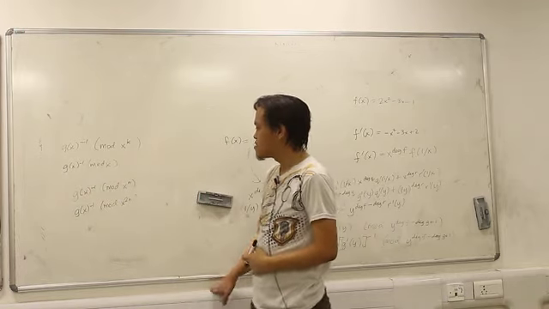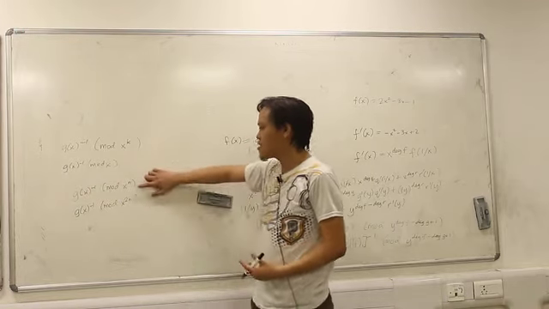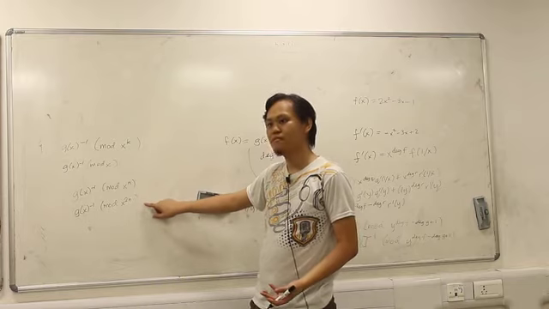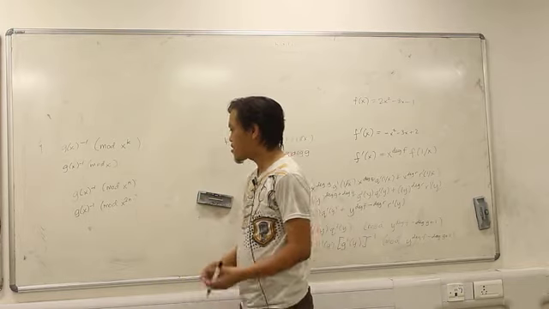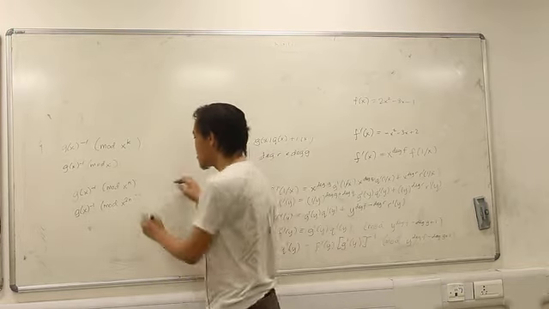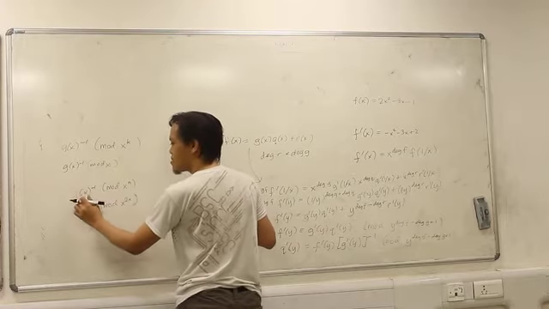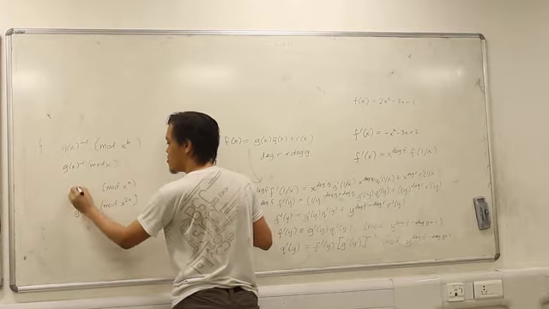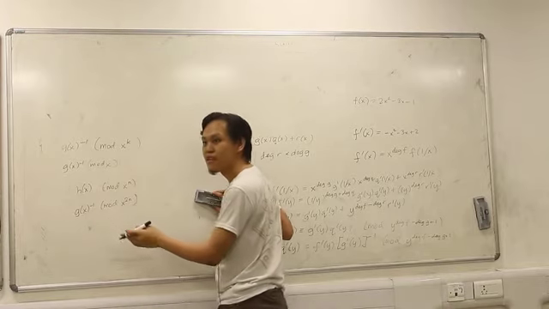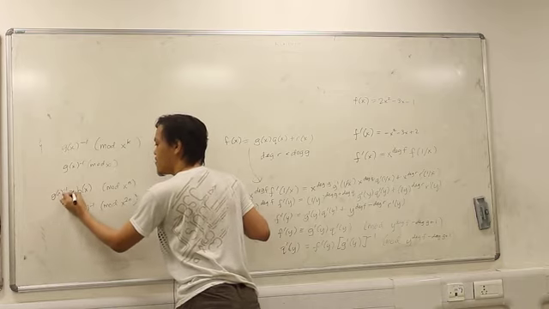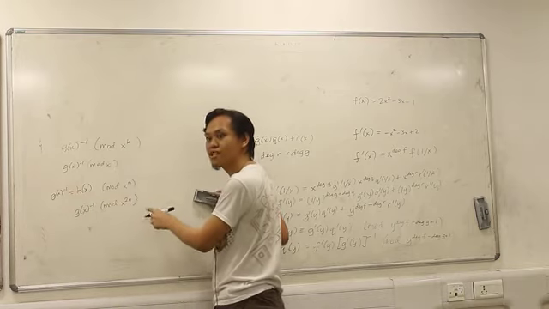So the question is, how do we lift? Let's say you have computed the inverse mod x raised to n. We want now to compute this value. So let's say the polynomial that you were able to compute is h of x. Let's say this is the inverse of g mod x raised to n.